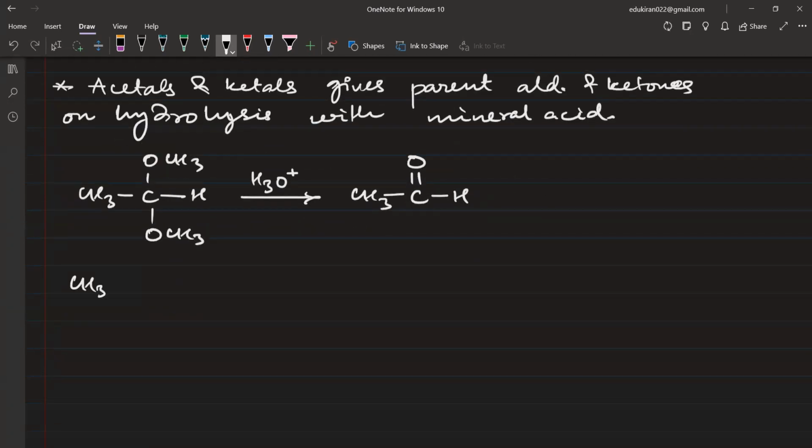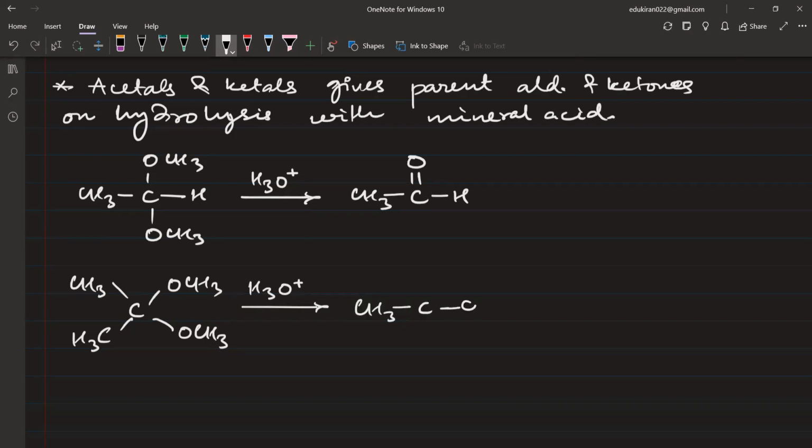Similarly, if you have CH3, carbon, CH3, you have OCH3, OCH3, then again, anything that is not alkoxy is going to be part of the chain. So you'll have CH3, carbon, CH3. And what is attached on this carbon? Alkoxy.